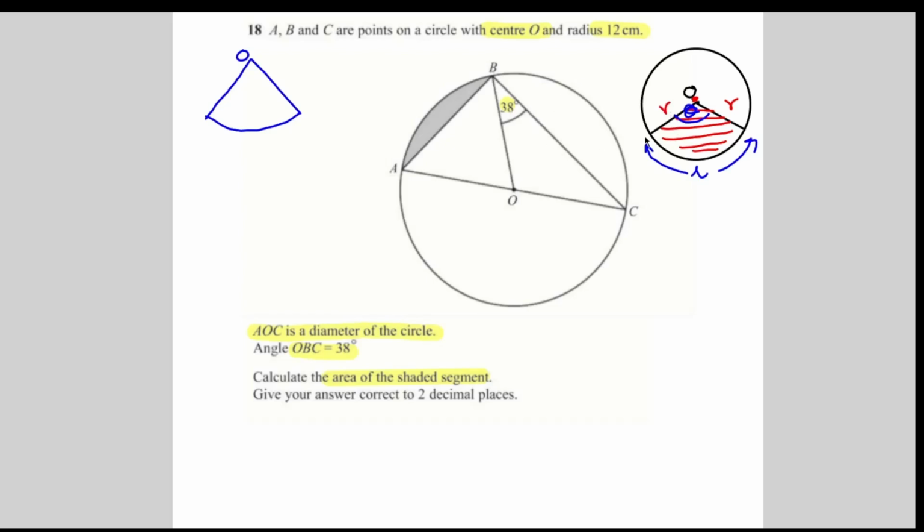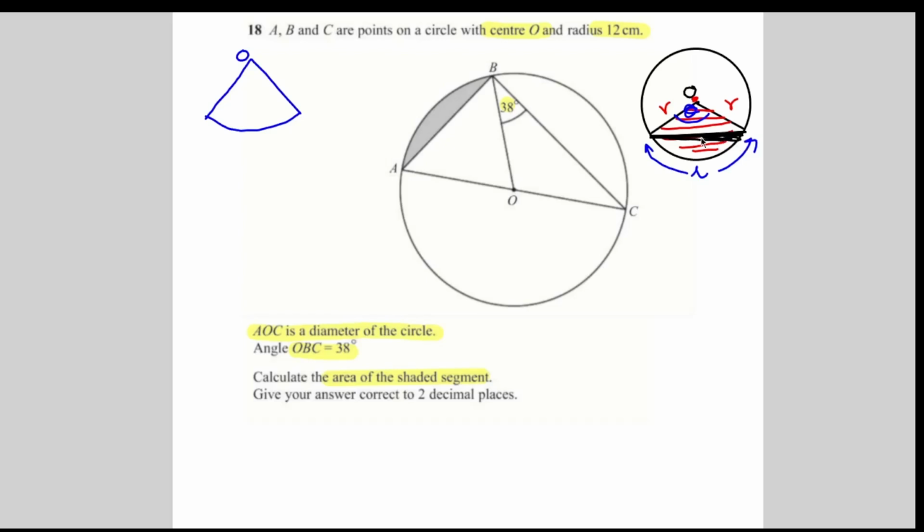And if you cut one part from this sector like this, there is a special name for this line. This line is known as a chord.